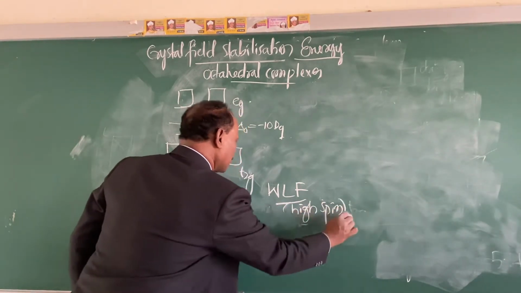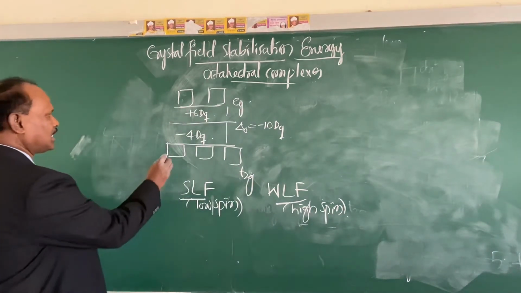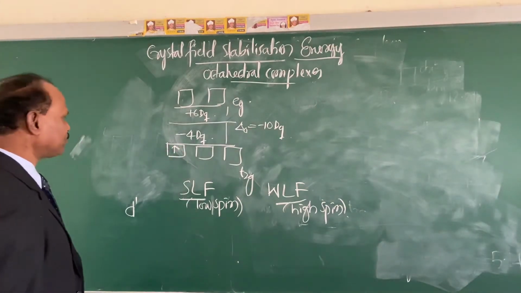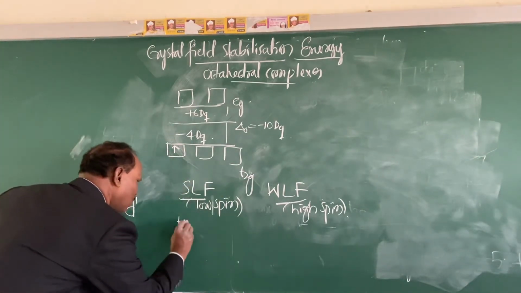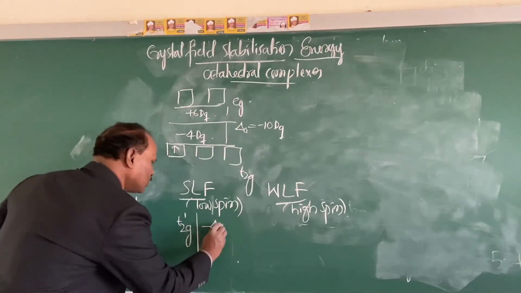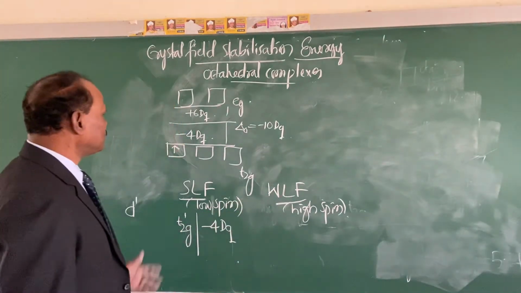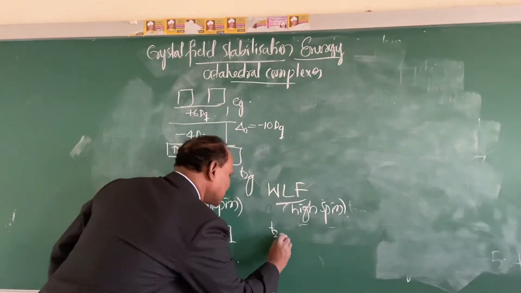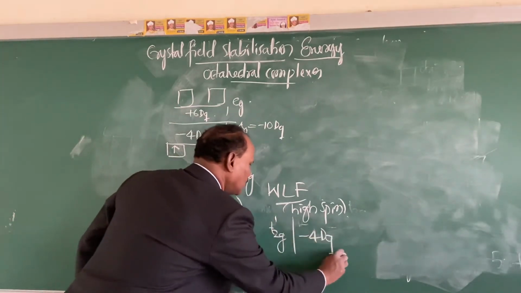For the d1 system, one electron is there, so the configuration is t2g1, and the energy is minus 4 Dq. Even in the weak ligand field, there is only one electron, so the configuration is the same: t2g1 and the energy is once again minus 4 Dq.